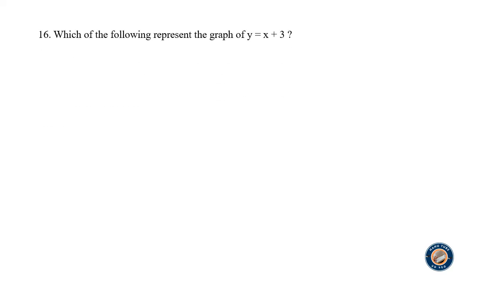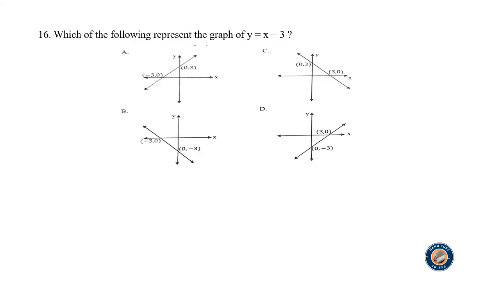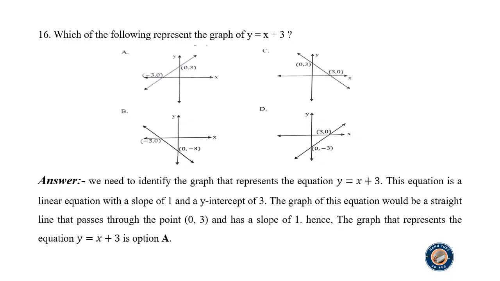Question number 16. Which of the following represent the graph of y is equal to x plus 3? We need to identify the graph that represents the equation y is equal to x plus 3.